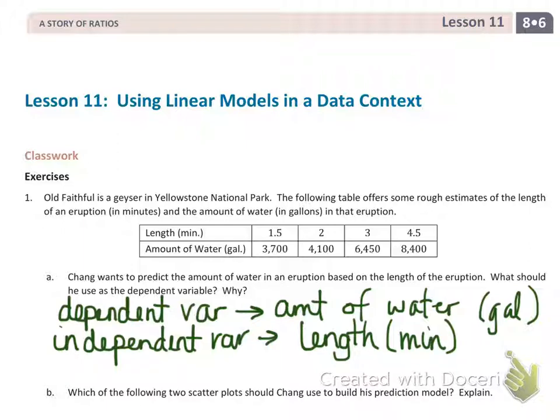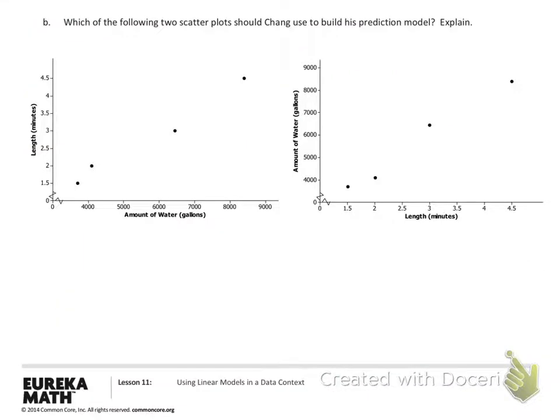Okay, so let's look at some scatter plots here. Here are 2 possible scatter plots. They look similar, using the same 4 data points. But notice what's different about these 2 scatter plots. The points are in different places, but that's because of how the axes are written.